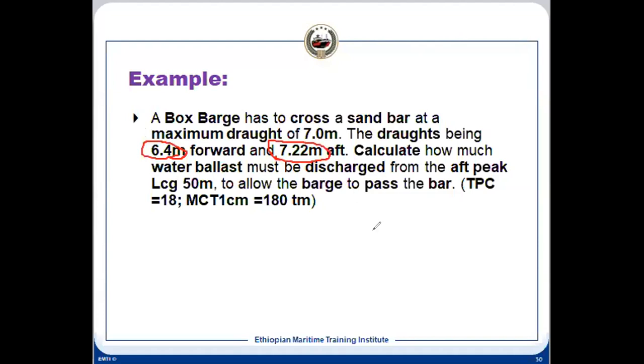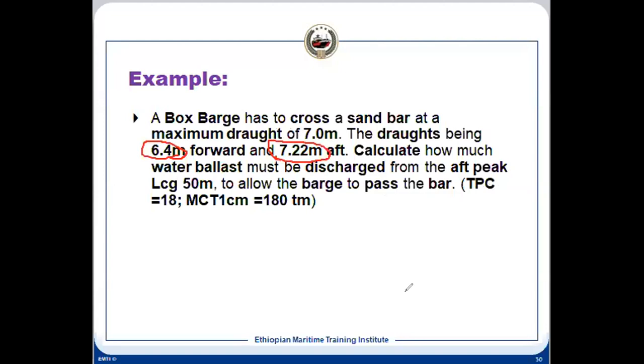Then what does the ship have to do? The ship has to correct the draft so that it becomes 7 meter maximum, and then the ship can cross. So what is the ship doing here? It is discharging ballast, deballasting some of the ballast so that this becomes 7.